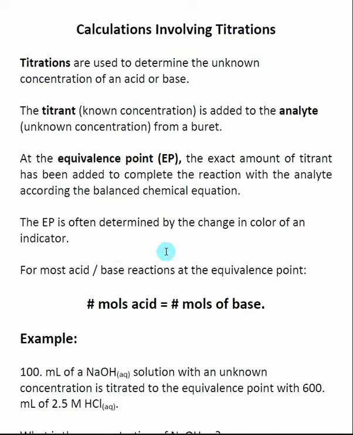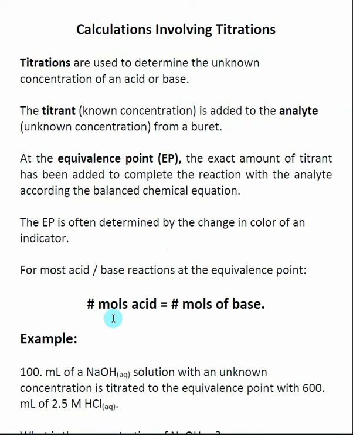When you're doing a titration involving the neutralization reaction of an acid and a base, for most of those reactions, when we reach the equivalence point, the number of moles of acid is equal to the number of moles of base.